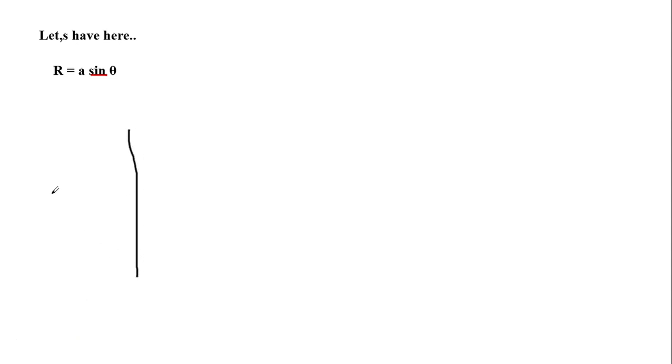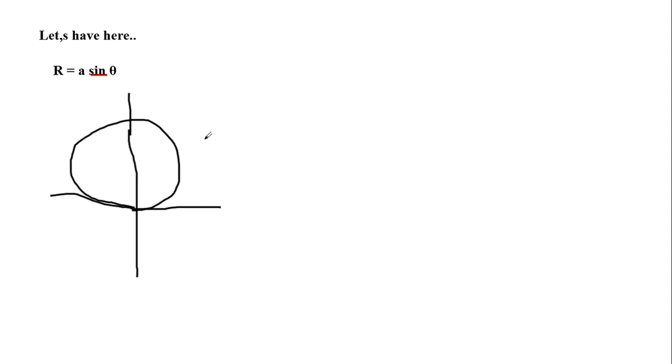So here it is. We have here, consider it a straight line. So it is said that the circle is on the y values. So our circle will be here if our A is positive.